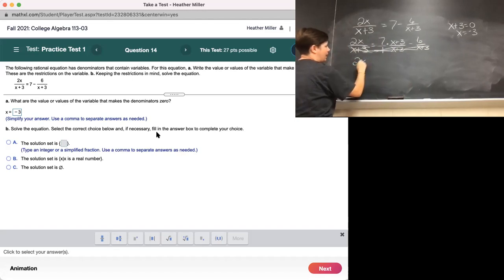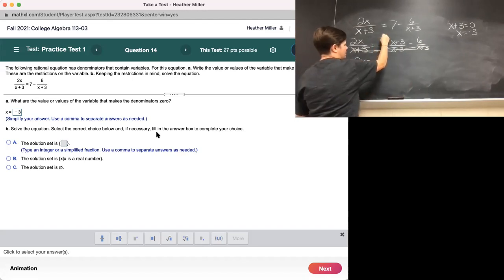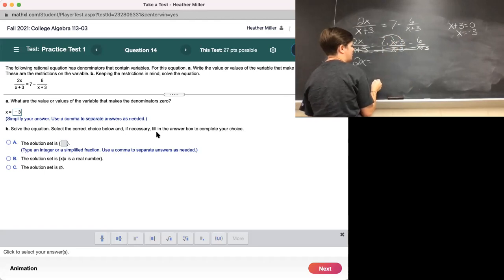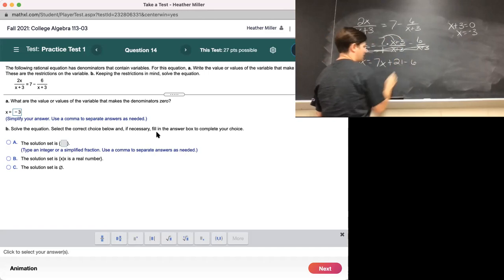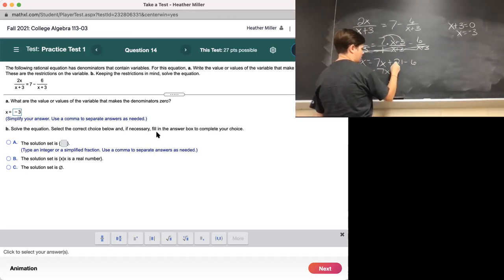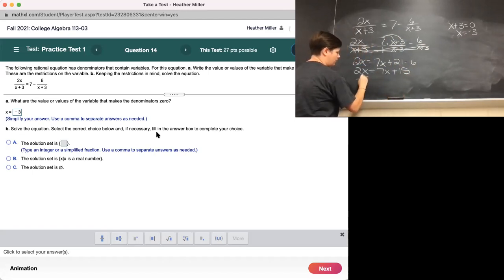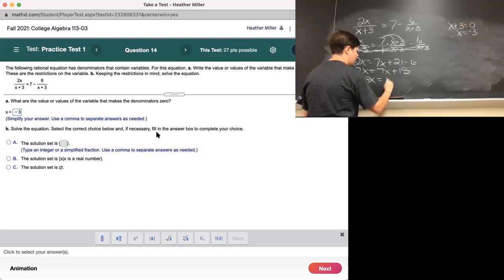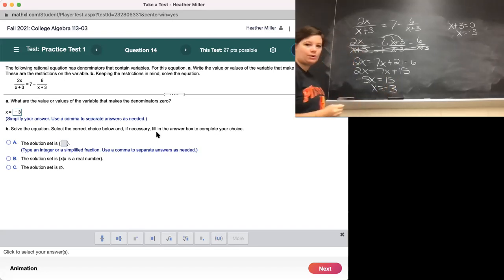Now you have 2x equals 7 times x and 7 times the positive 3, 7x plus 21 minus 6. 2x equals 7x plus 15. Subtract my 7x over, I get -5x equals 15. So x equals -3.